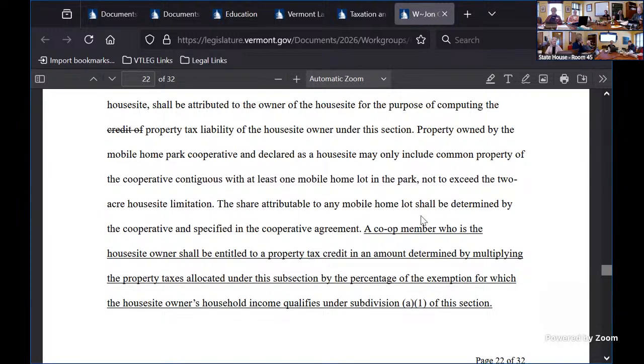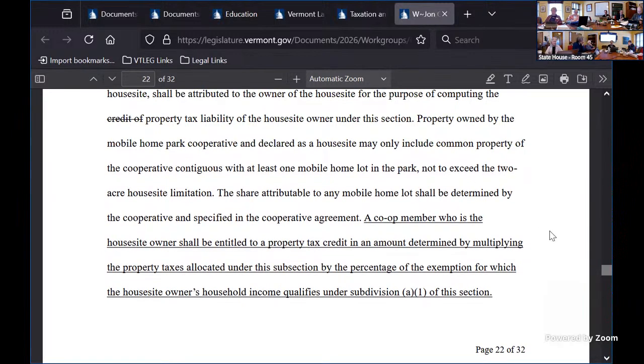And so the way that this works here at the bottom of page 22, a co-op member who is the house site owner shall be entitled to a property tax credit in an amount determined by multiplying the property taxes allocated under the subsection by the percentage of the exemption for which the house site owner's household income qualifies under that exemption. Basically, what this means is you will have indirectly paid some property tax credits. So what you're getting now is an outright credit against that payment that you made.